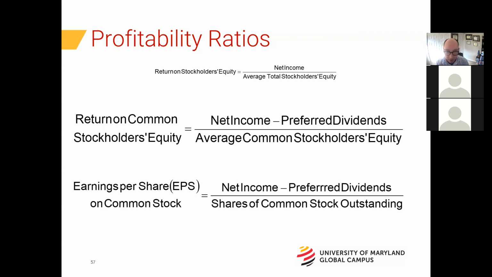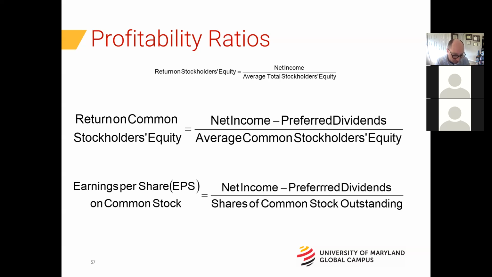With this one, it's net income found on the income statement minus preferred dividends. Preferred dividends are the dividends paid on preferred shares, right?